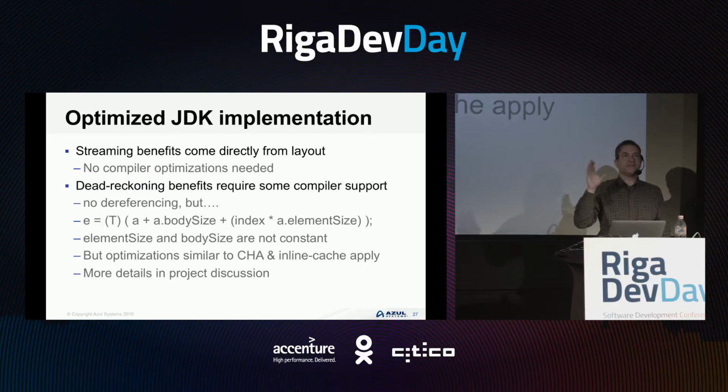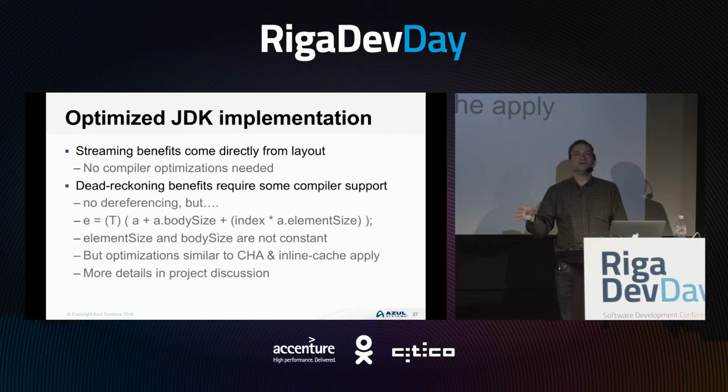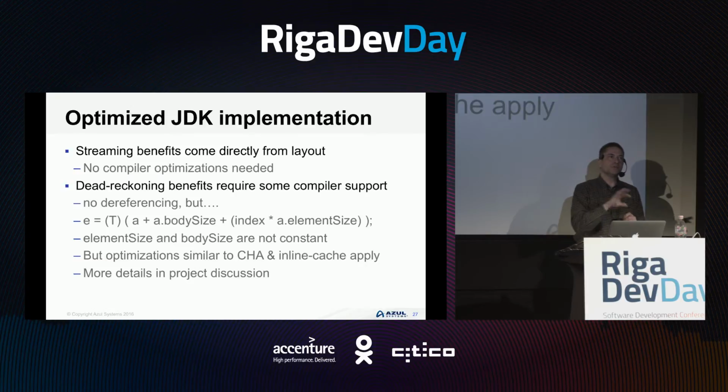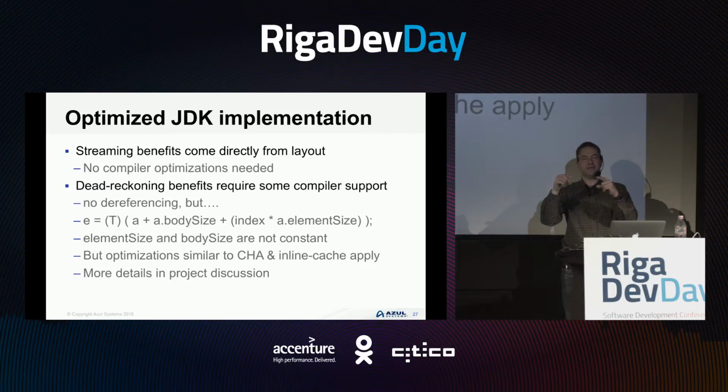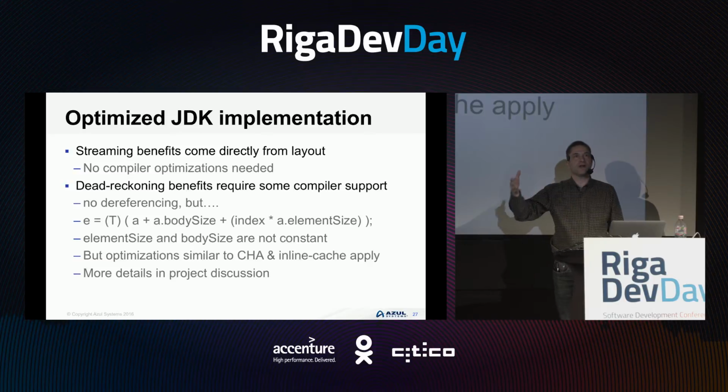In terms of the dead reckoning that we saw before, it's a little bit more complicated because the compiler needs to do some extra work as well. Unlike with structs, where you do have just the data, in the case of objects, there's other stuff. There's the object header, there's various other bits and pieces that sit around the object.